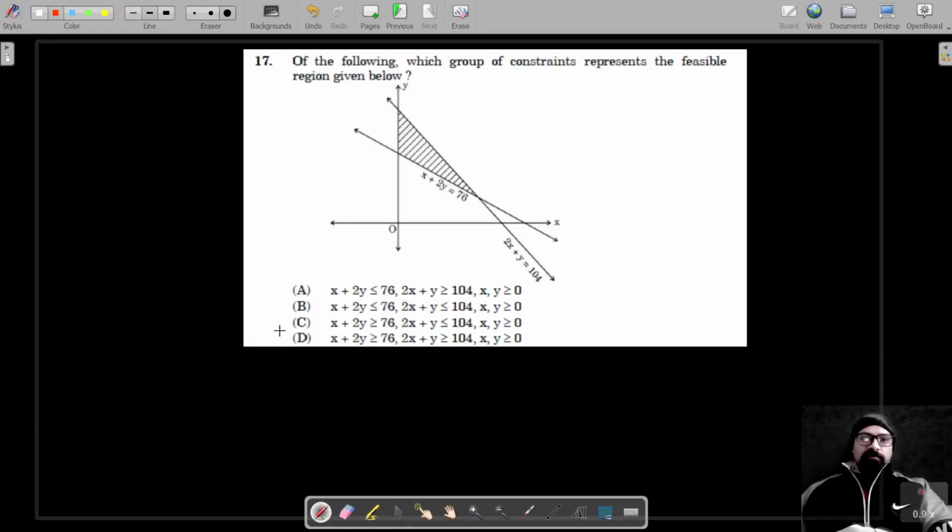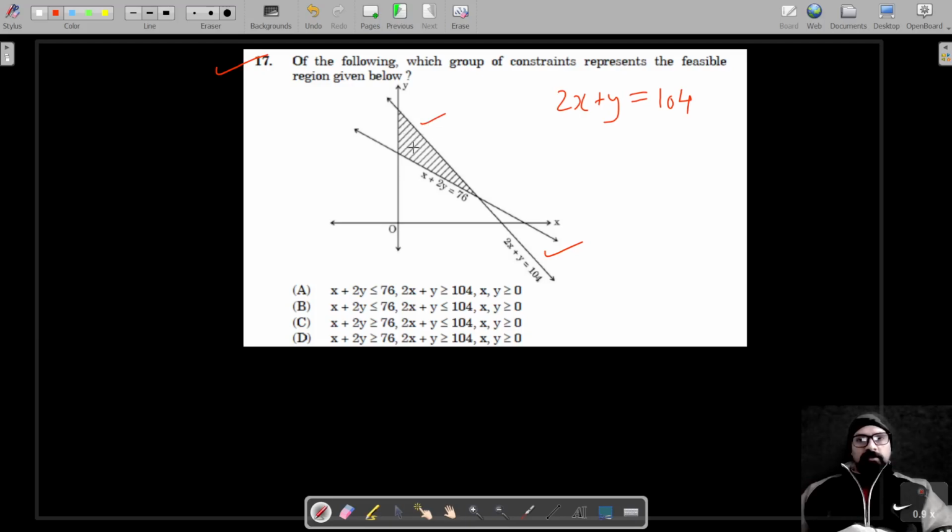Okay, for question number 17, we have to check which group of constraints represents the feasible region, and we have only two equations. For this line, the equation is 2x plus y is equal to 104.